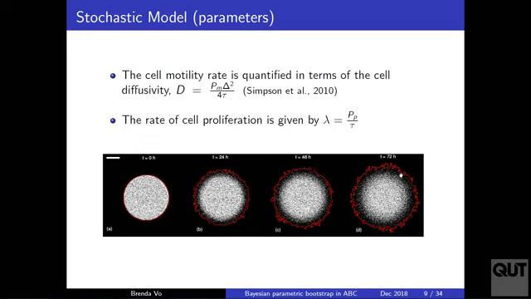I skip all of the image analysis steps, but to identify the red line, the leading edge around here, I put the image into MATLAB image analysis, and it identifies where the contrast is.